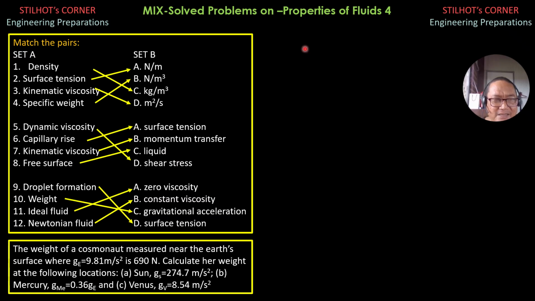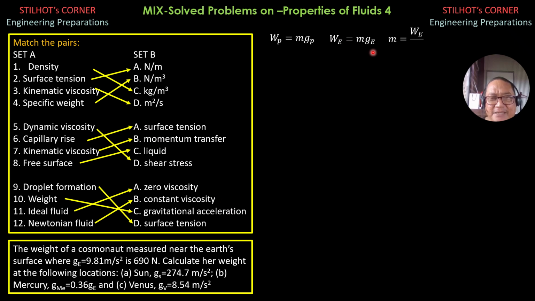So weight is mass times g. The weight of the object or person at any place is equal to the constant mass of the object or person times g of that place. Since mass is constant, let's derive this. Weight on Earth is equal to mass times g of E, g on Earth's surface.